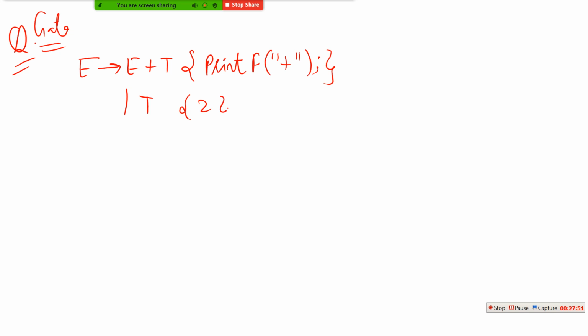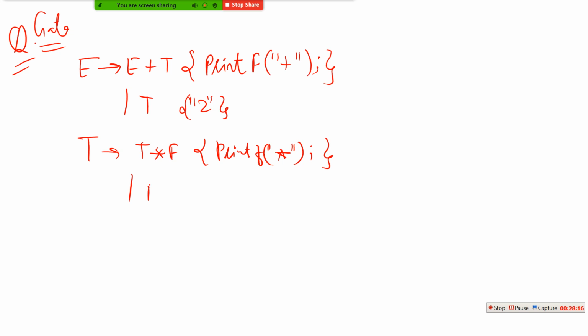And the next transition is T into F, and the semantic rule is that it will print the multiplication symbol here.